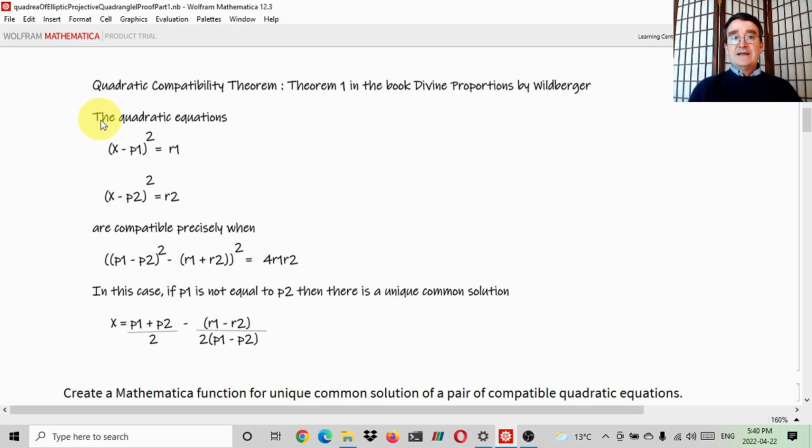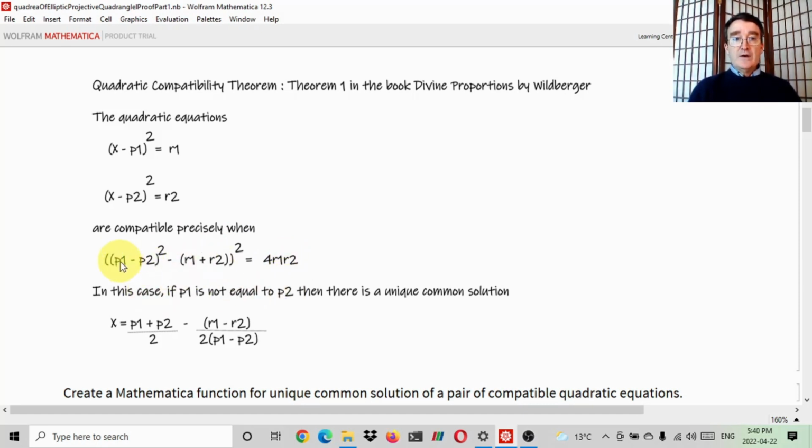It states that the quadratic equations (x minus p1) squared equals r1 and (x minus p2) squared equals r2 are compatible precisely when (p1 minus p2) squared minus (r1 plus r2), all of that squared, is equal to 4 times r1 times r2.